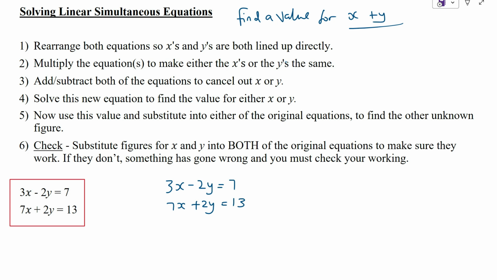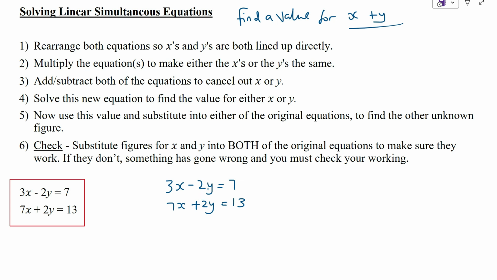Now the next step is we need the coefficients to y or x, just one set of them, to be equal. Now again, in this question, we've already got one set of coefficients that are equal. So we've got minus 2y plus 2y. Doesn't matter about the signs, more just about these numbers here.